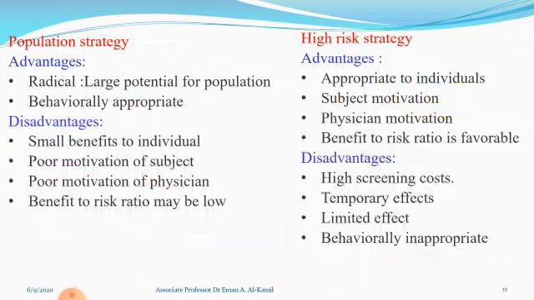So these are the differences between the two strategies, the population strategy and the high risk strategy. The main advantage of the population strategy is that it is regarded as radical, with large potential for the whole population, but it is behaviorally inappropriate. The disadvantages are that it gives a small benefit to individuals, and there may be poor motivation for subjects, especially if they have no risk factor.